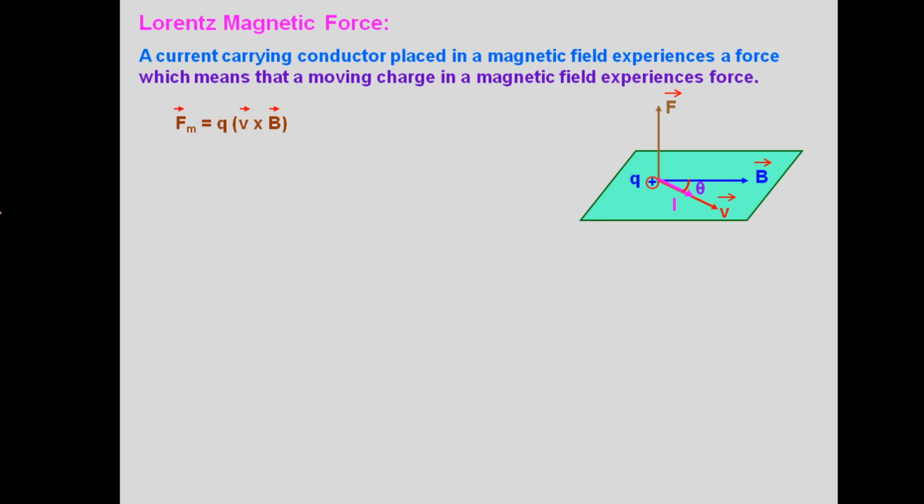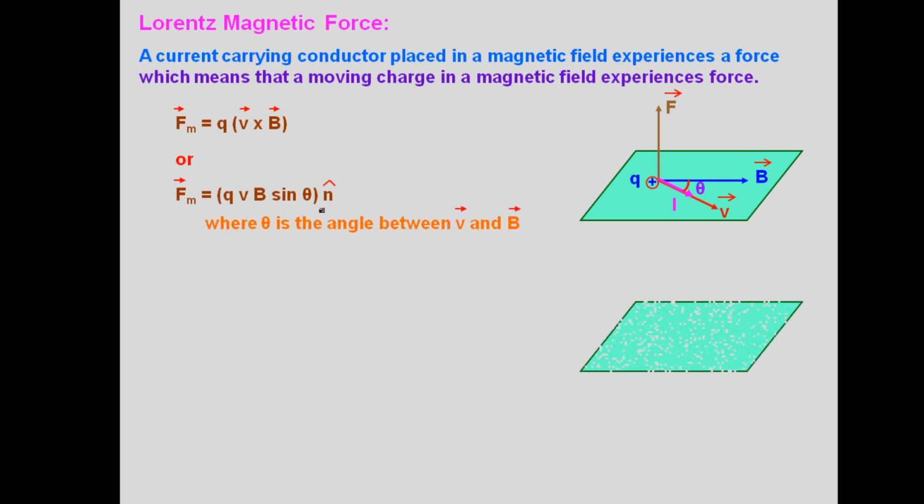So magnetic Lorentz force is given by q times v vector cross B vector. We can expand it as qvB sin theta n cap. n cap is there because force is a vector quantity. Theta is the angle between velocity and magnetic field. If we have a negative charge, it will have force in reverse direction because direction of current will be reverse. So force will be in downward direction.